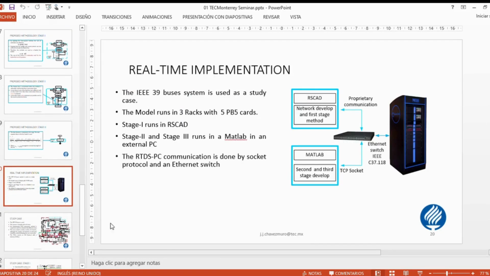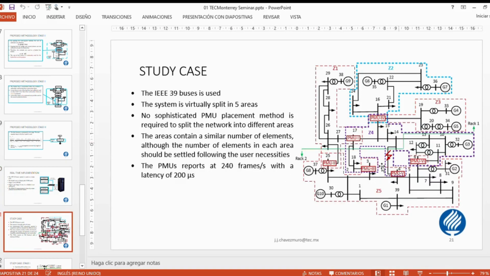Okay, we implemented it in a real-time simulator, as I told you. In MATLAB software, we developed the control loop methodologies, and we include a delay, more or less the same that we might have with the satellite. And then we do this case study.